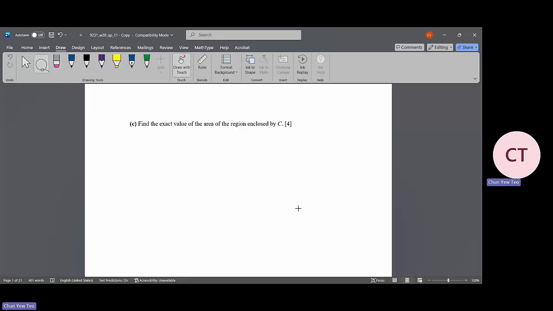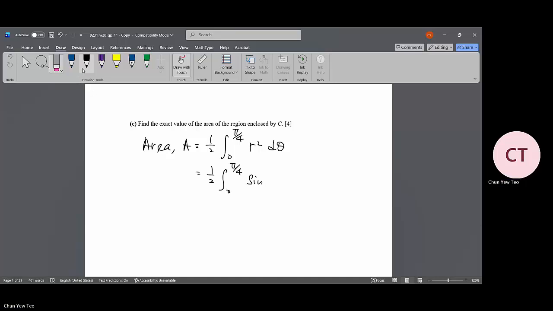Move on, we have 7c. We want to find the area. So the area enclosed is half the integral from 0 to pi over 4 of r squared d theta. r squared means sine squared of 4 theta. For this one, we just need to use the double angle formula.